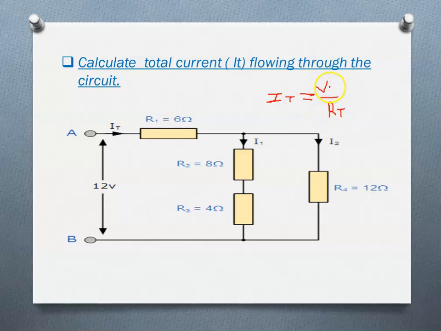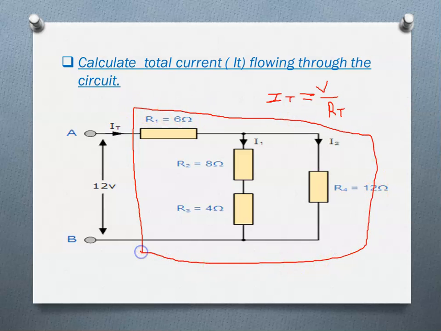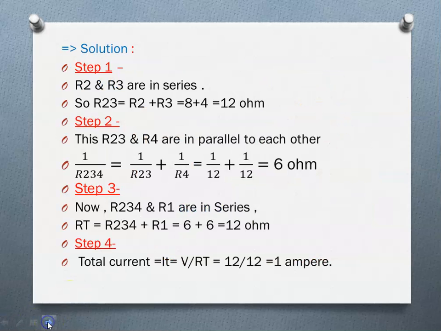Here we already know the voltage, that is 12 volt, but we don't know the total resistance offered by the circuit. RT is the resistance of this total portion. If we calculate this RT, then we can automatically calculate this IT with the help of this formula. Let's do it one by one.